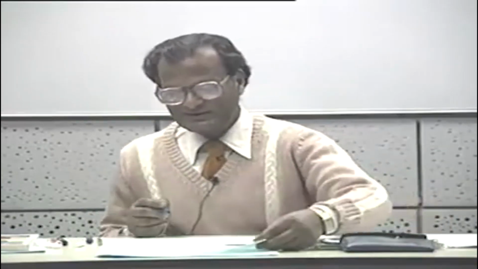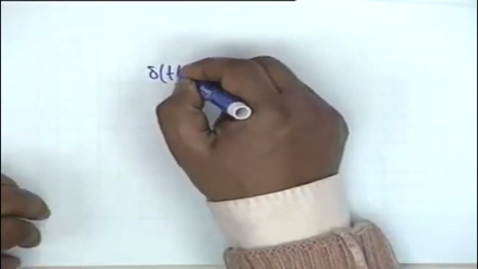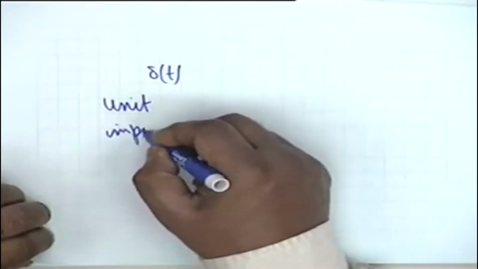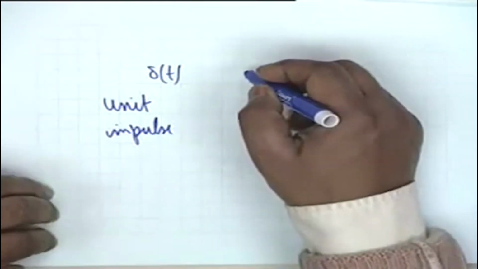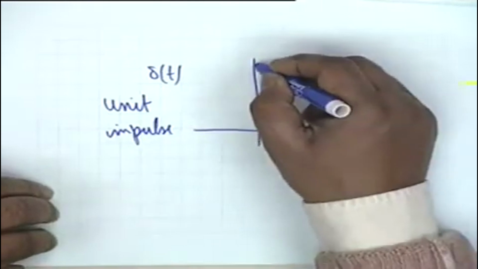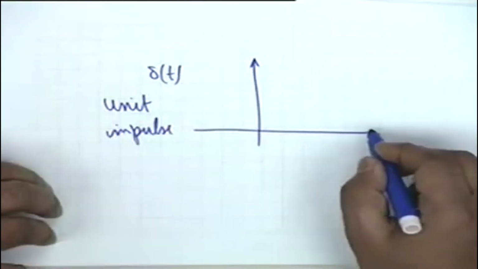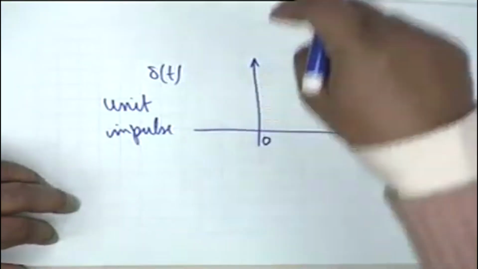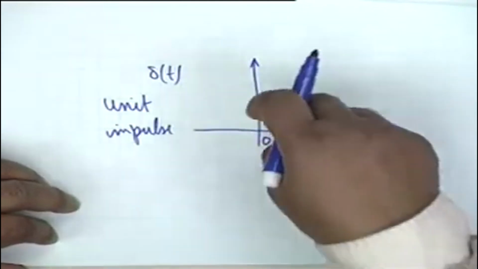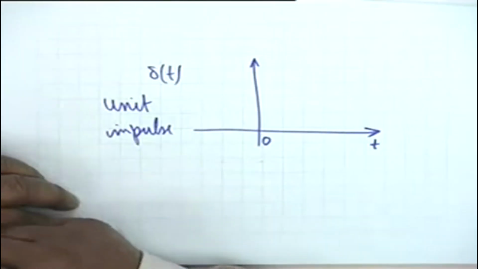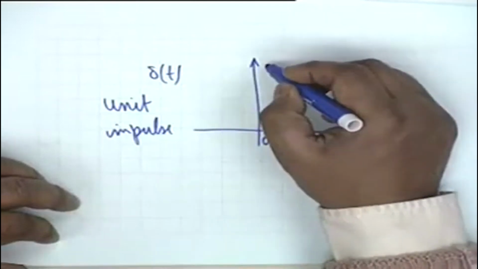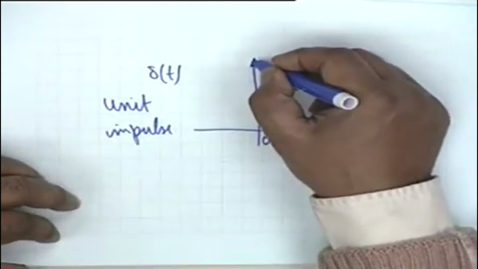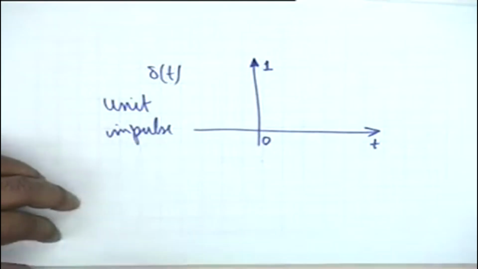And in this context we define a quantity known as unit impulse. A unit impulse delta t is represented by an arrow here, arrow occurring at t equal to 0, just an arrow. We cannot represent infinite amplitude on a finite two-dimensional plane, and therefore we simply represent an arrow and we denote the area under the impulse. Well, if you want to distinguish, make it a solid arrow like this.